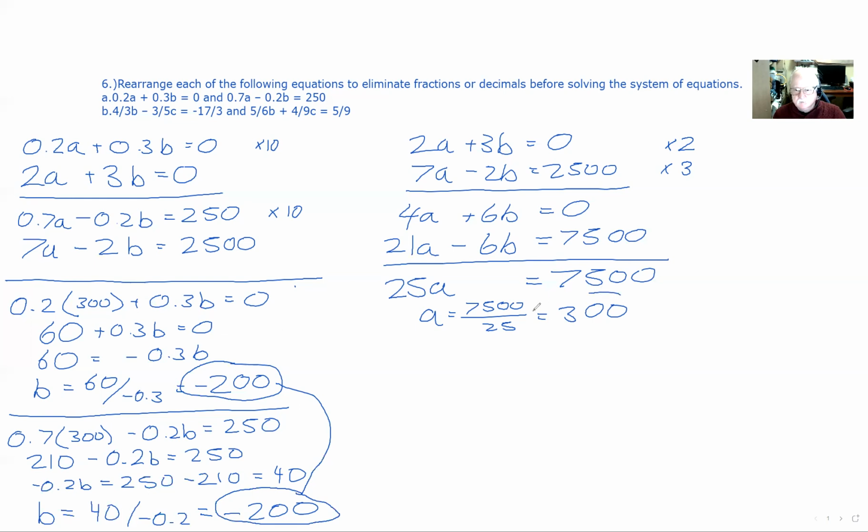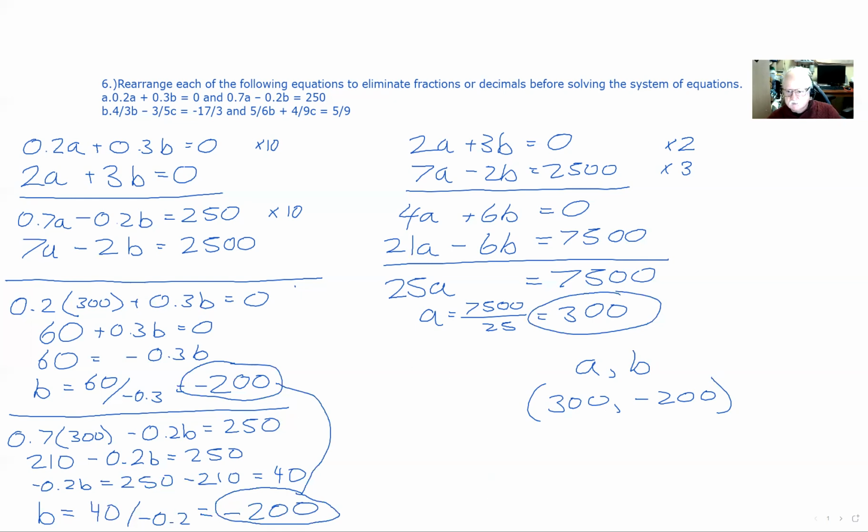So we like this answer. So our ordered number pair, in this case, we're going to go AB instead of XY, equals 300, negative 200. So if we were to graph this, that's where we're saying the two lines would cross. That's what we mean by solving the system of linear equations.